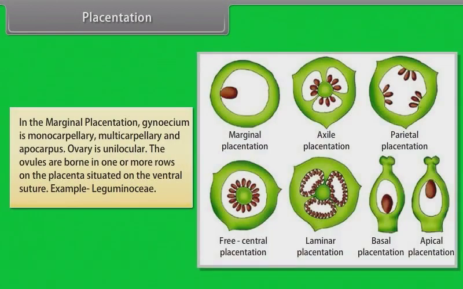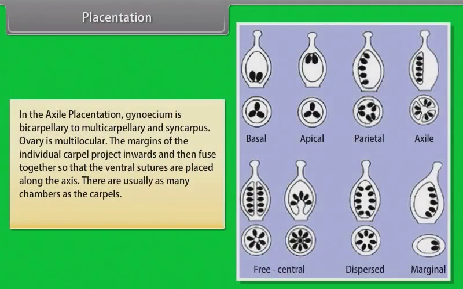In the marginal placentation, gynoecium is monocarpellary, multicarpellary, and apocarpous. Ovary is unilocular. The ovules are borne in 1 or more rows on the placenta situated on the ventral sutures. Example: Leguminosae.